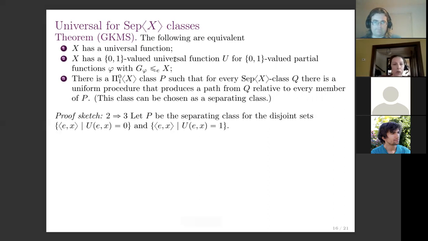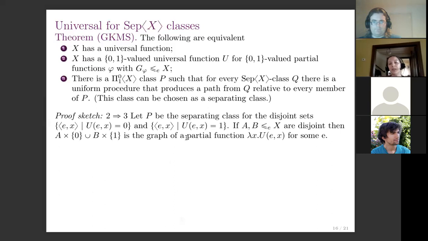Okay, so briefly, how does 2 relate to 3? To go from 2 to 3 is fairly easy and fairly standard. Suppose that you have a universal function U, then P will just be the separating class for these two disjoint sets: {e : U(e,x) = 0} and {e : U(e,x) = 1}. Here's where we're using that we have a 0,1 valued function that's useful.